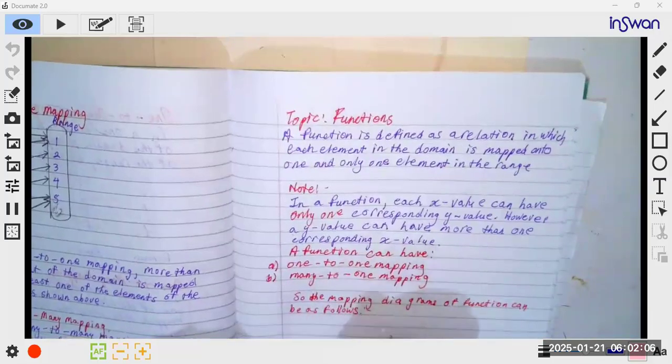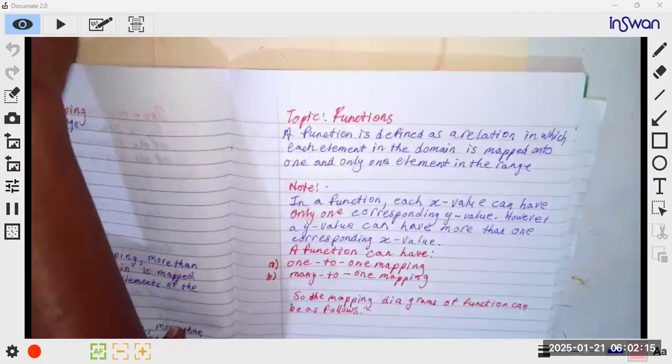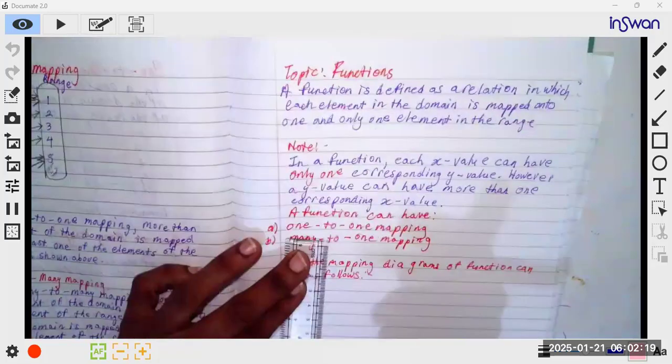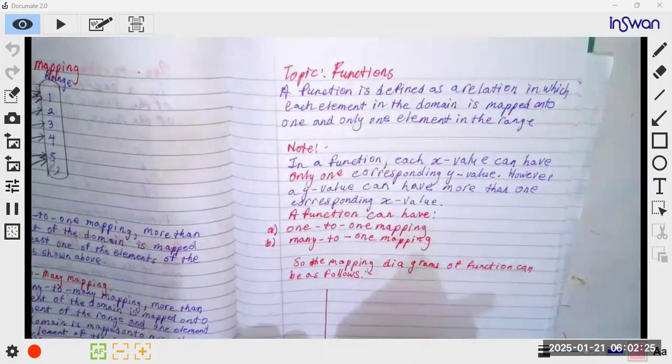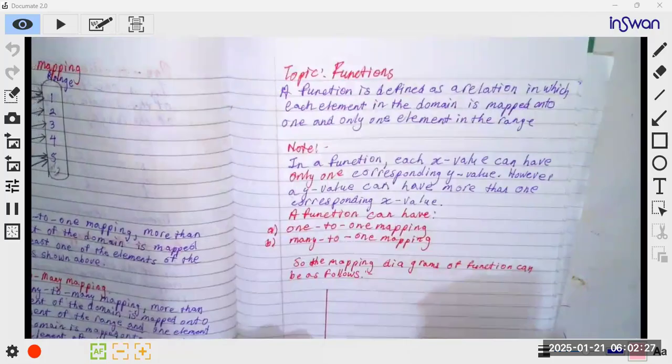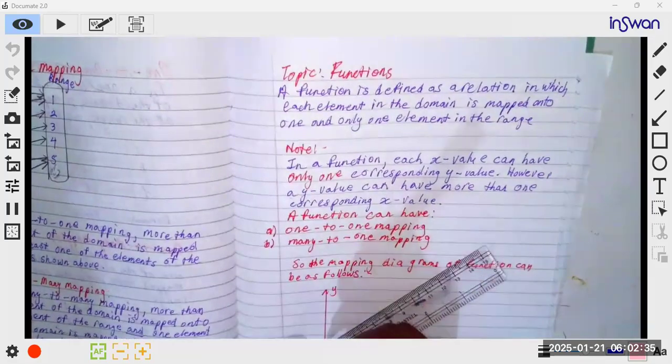We could have a straight line graph that will represent a function. And this is one-to-one. So this is my x, this is my y, and this is my straight line. So that is my function.